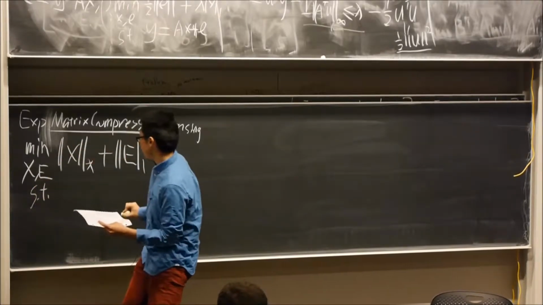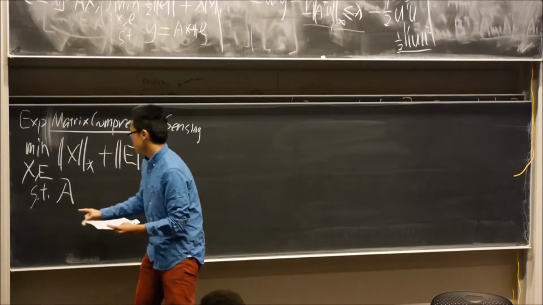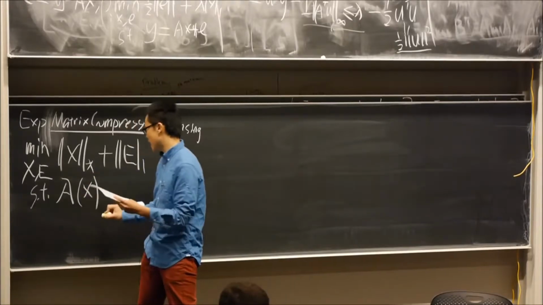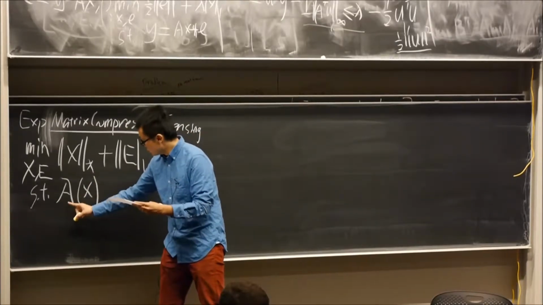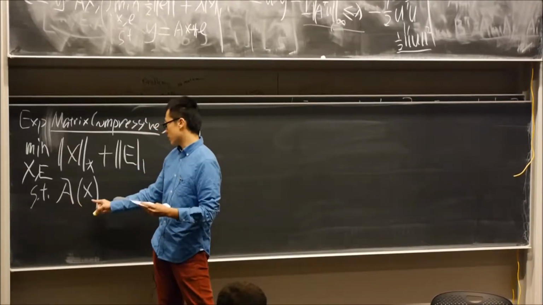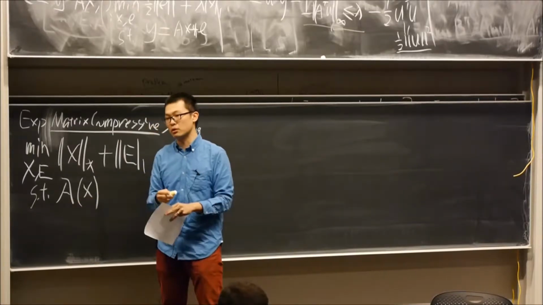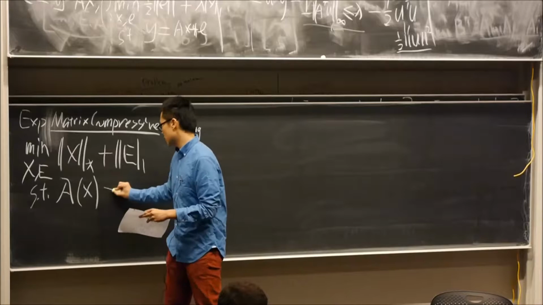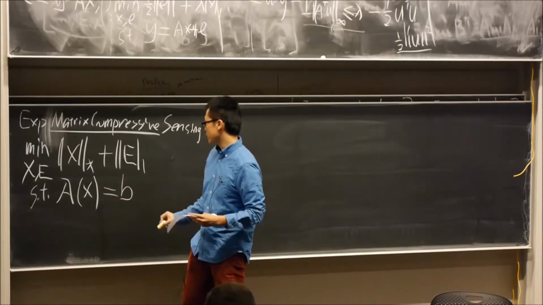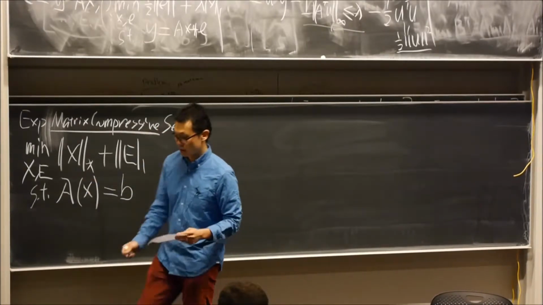Also, this is subject to some linear constraint where we have the operator A that can be simply a matrix multiplication, but we don't restrict ourselves to that. This is like the sensing matrix where we are given a matrix X, and this sensing matrix will compress the input to a much shorter dimensional measurement, that is B. Sorry, this E is not a matrix.